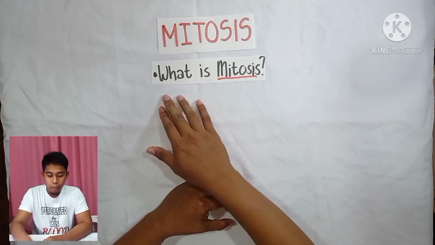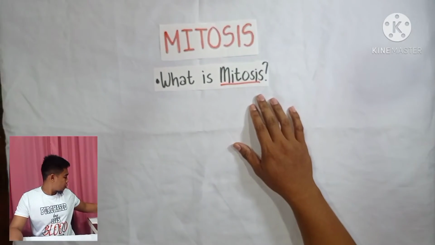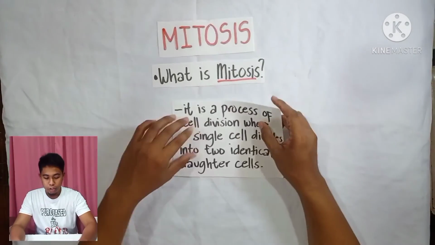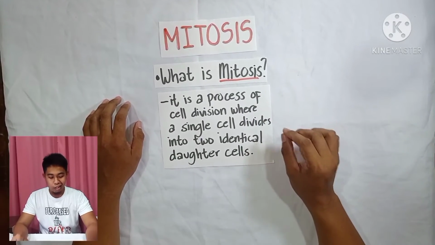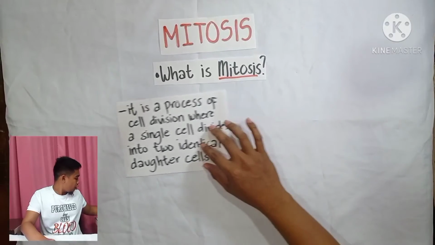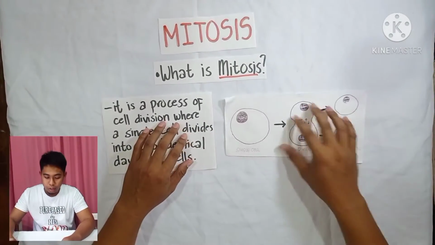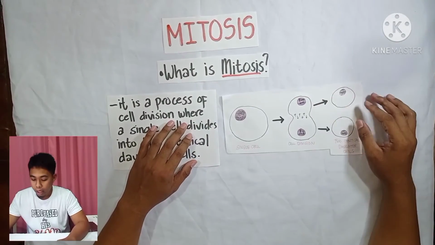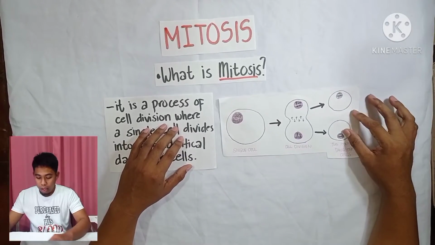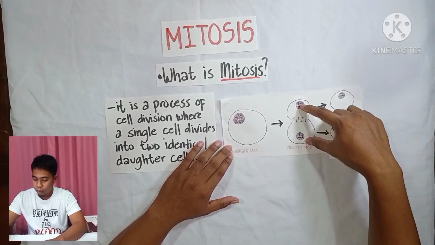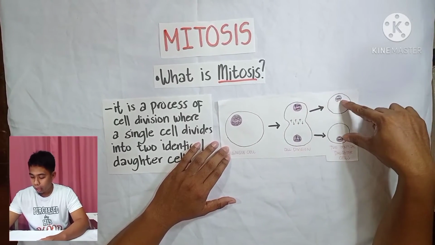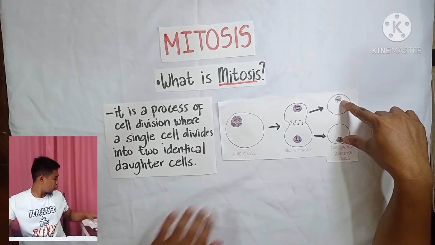So, what is mitosis? Mitosis is a process of cell division where a single cell divides into two identical daughter cells. Here we have an illustration of how mitosis happens. A single cell divides into two identical daughter cells.